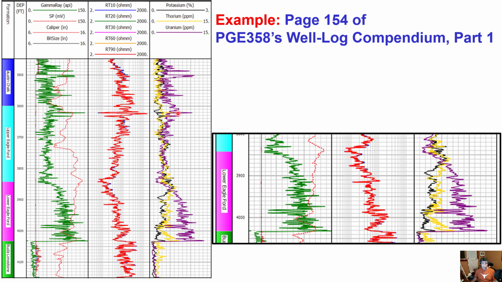Of course, they come in patches, but the most substantial presence of organic material in this example is, of course, taking place in the lower Eagle Ford formation, and that's the best place to produce hydrocarbon in this area.